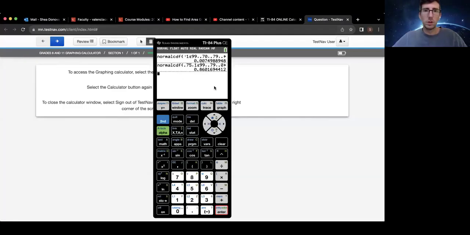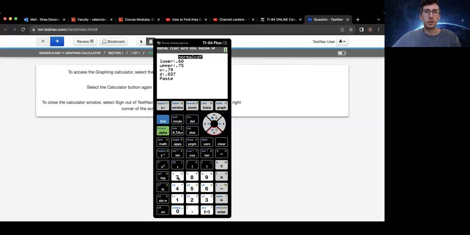So if I go back to our calculator, we can go to second vars, go back to option 2, our normal CDF, because we're looking for that area under the curve. And that interval we were looking for was between 0.60 for the lower and our upper was 0.75.